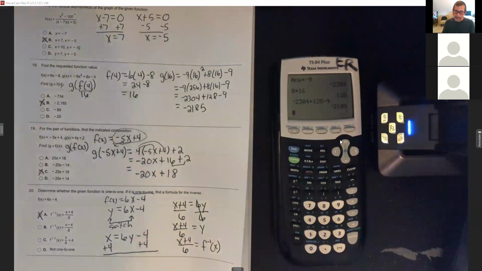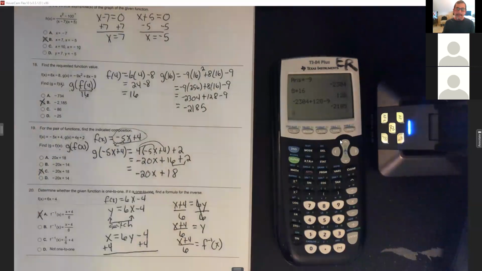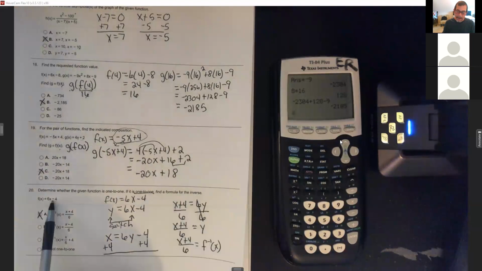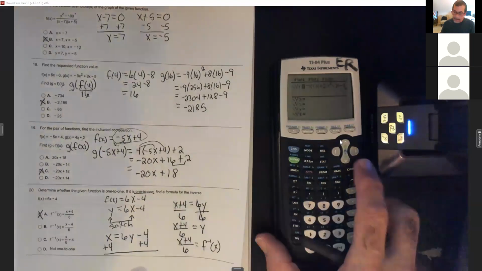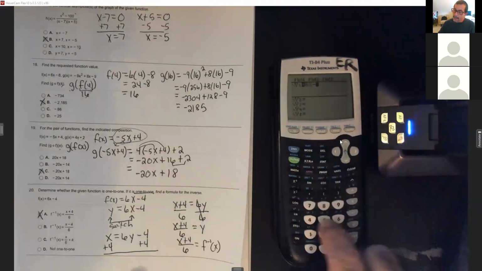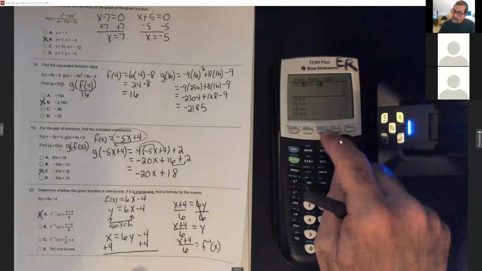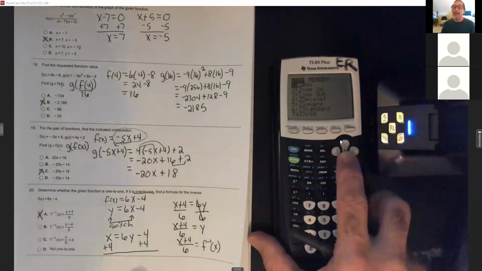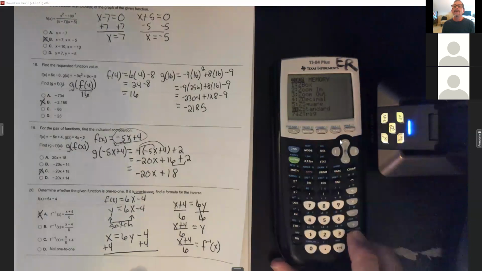So not a bad one. I will guarantee that every single one of those will be one-to-one. But if you wanted to, you could graph it. So let me clear that out and put 6x minus 4. And then I'm going to go to zoom and put my window back on 10 by 10 by hitting standard, so that when I graph it, it looks like a regular window.